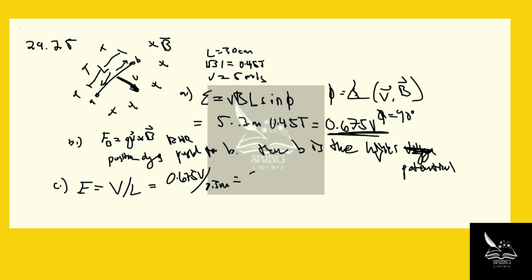So we know the magnitude is 2.25 volts per meter. Awesome. The direction of E is also easy because we already know that the positive charges are pushed to B and the negative charges to A, and E always points from positive to negative. So this points from B to A. Cool.